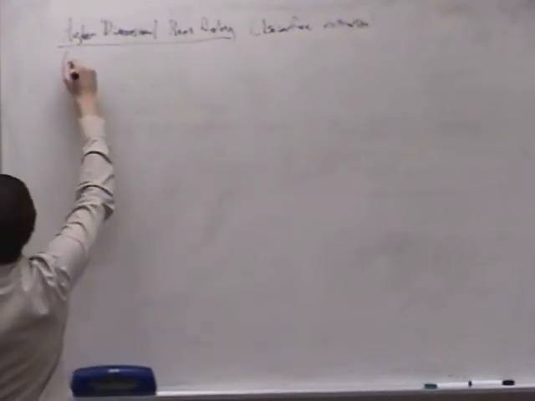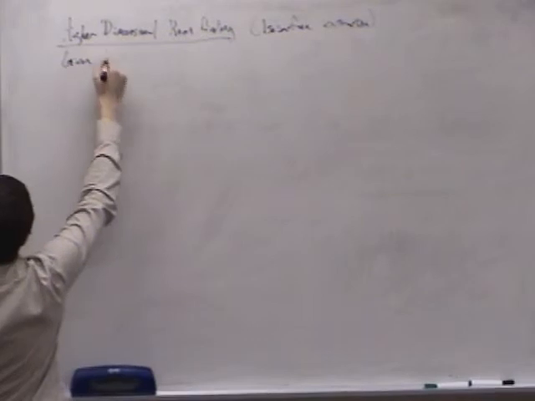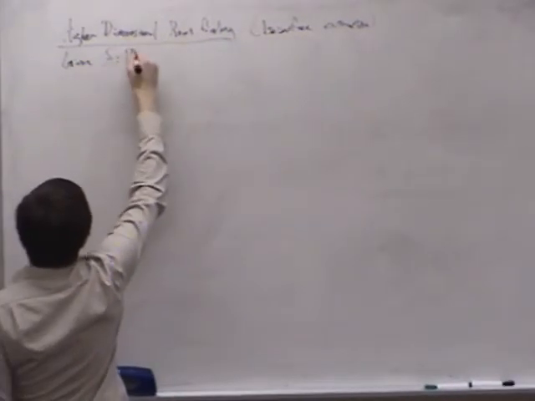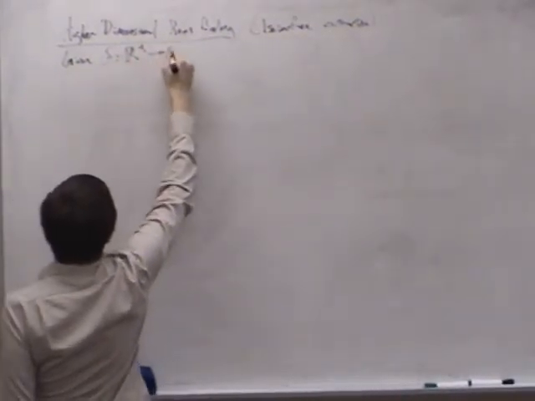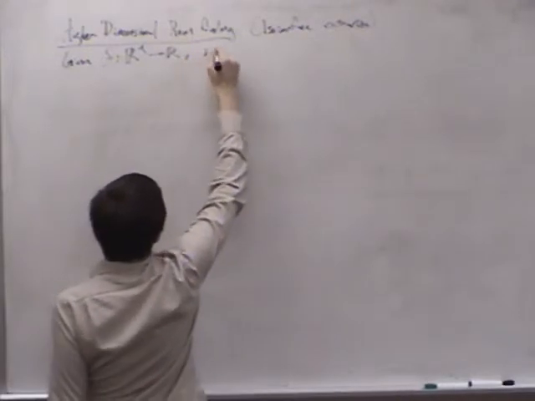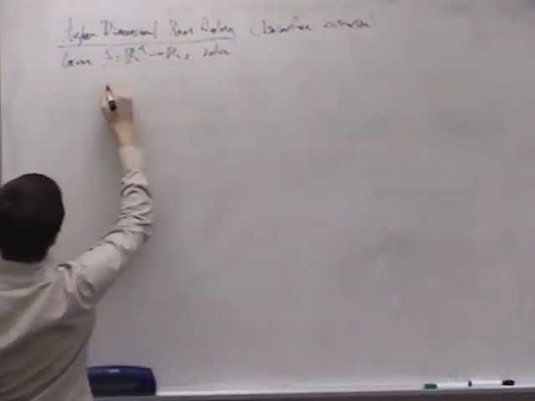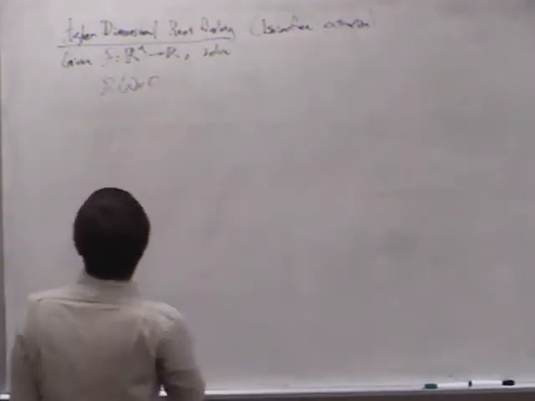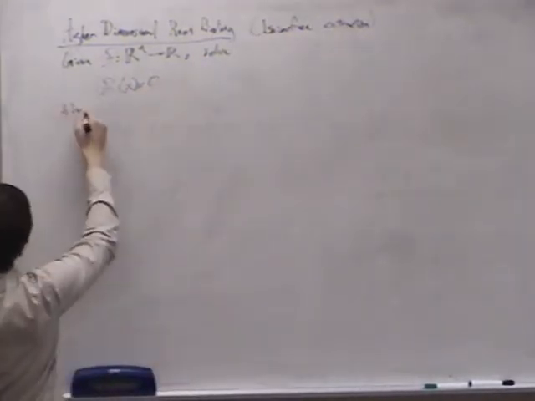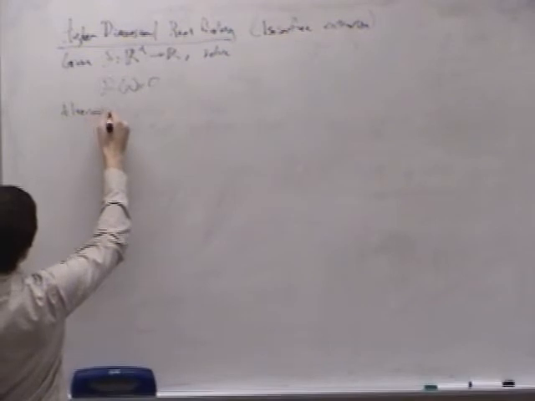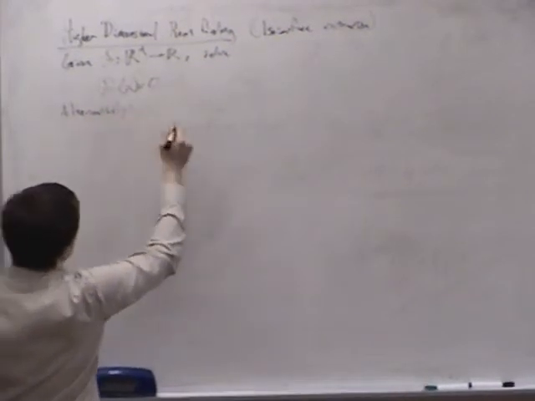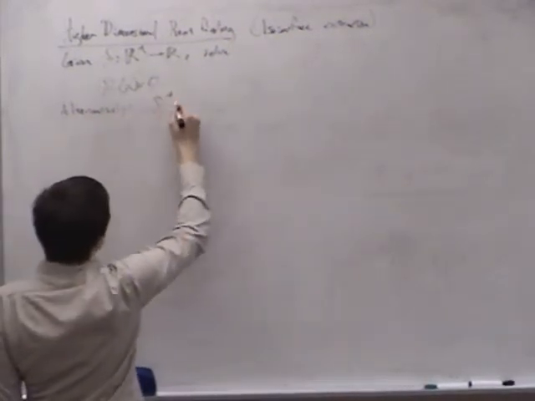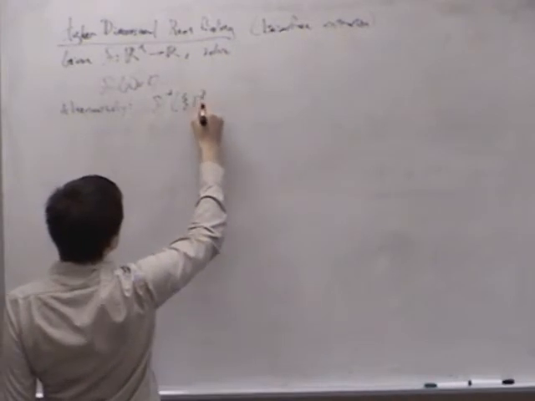All right, so here's the idea. Given some function f from R^d to R, we just want to solve some equation of the form f(x) = 0. Alternatively, we could think of this as calculating the pre-image of 0.